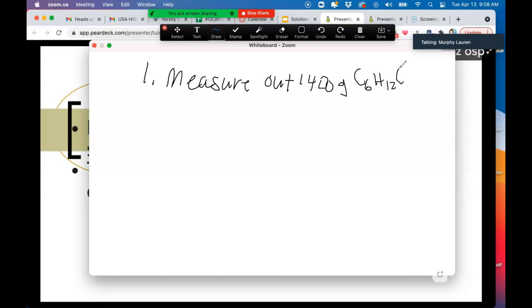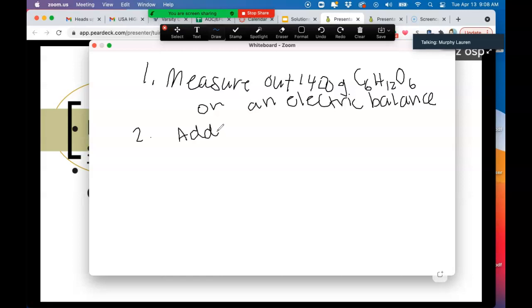It is important that you name the tool, on an electric balance. Step 2. Add to a, either volumetric flask or graduated cylinder.